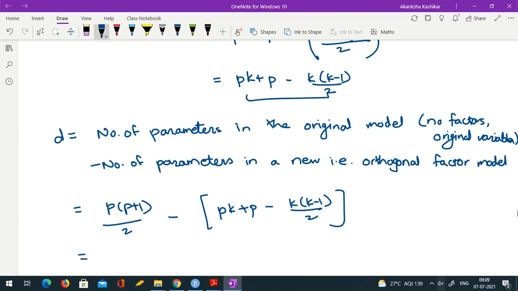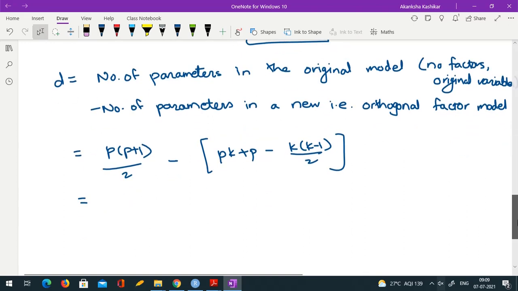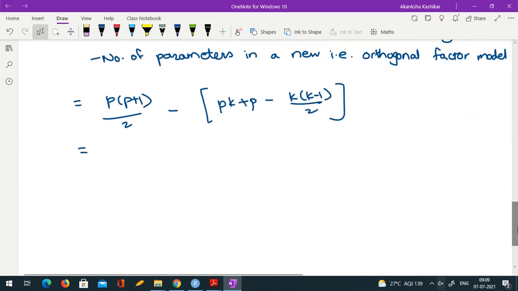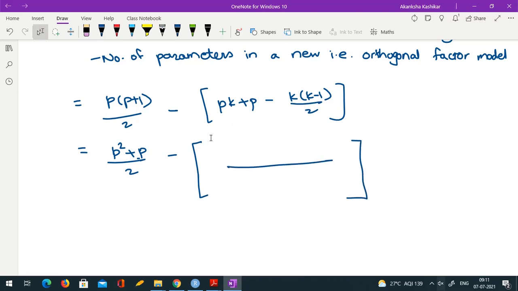Now let me try to simplify and see if I can get a slightly better form. I have p square plus p upon 2 minus, let this bracket be as it is. Let me simplify the inside things first. This will be 2pk plus 2p minus k square plus k.